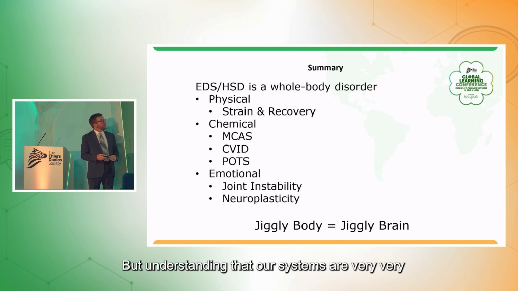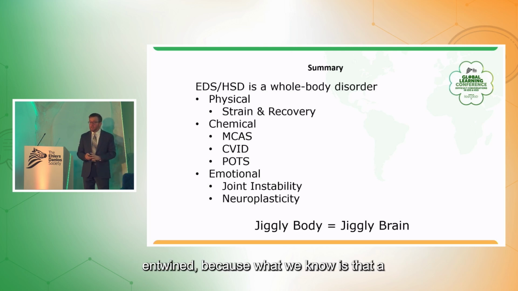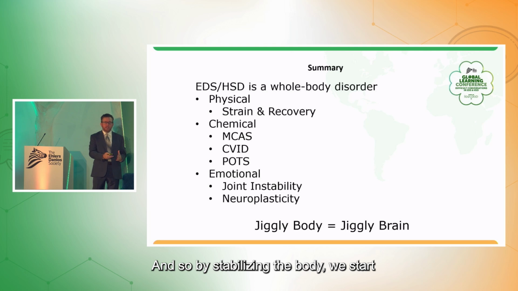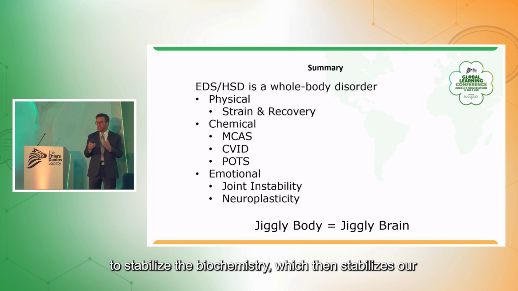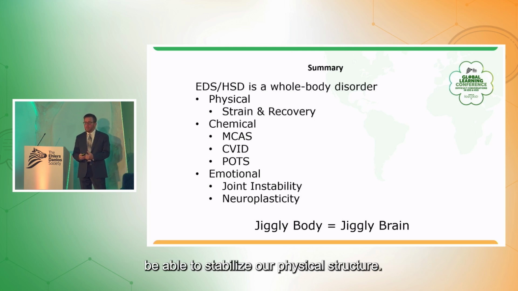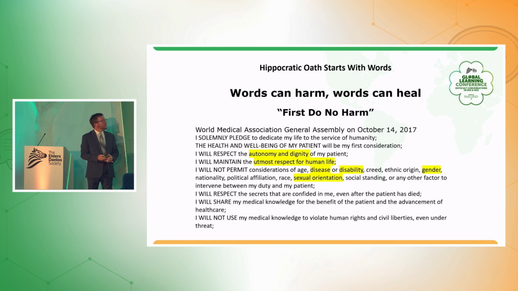But understanding that our systems are very, very entwined. Because what we know is that a jiggly body really creates a jiggly brain. And so by stabilizing the body, we start to stabilize the biochemistry, which then stabilizes our emotional structure, which then further helps us to be able to stabilize our physical structure.